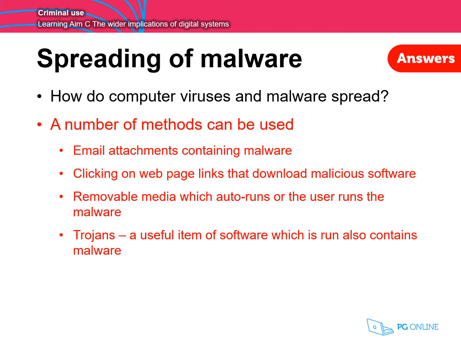Removable media such as USBs, maybe having an auto-run mode, so once a user puts the USB into the port, the malware is run. And also a Trojan horse can exist, where a useful item of software is downloaded by a user, but inside it contains some malware that harms the system.